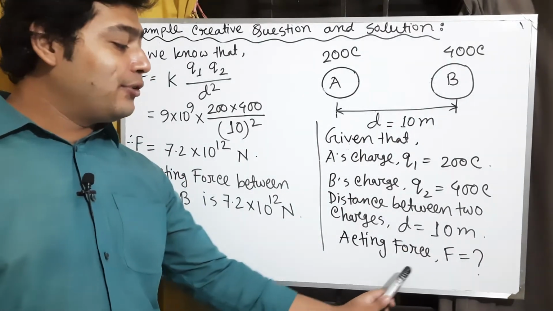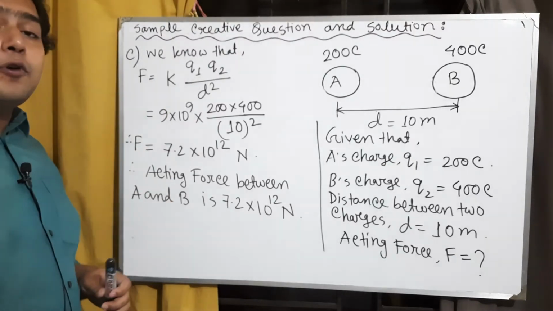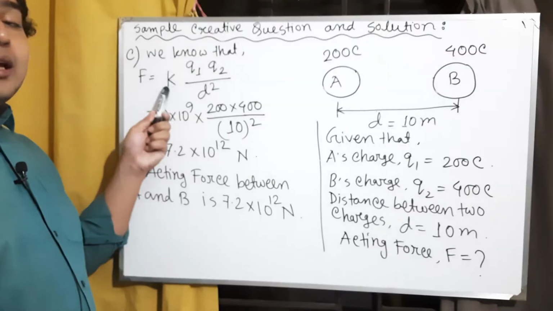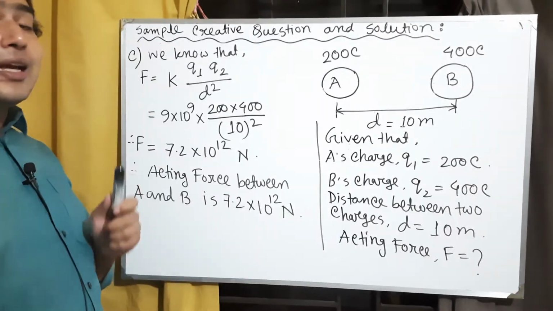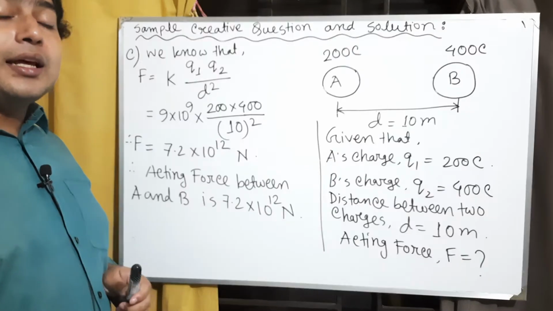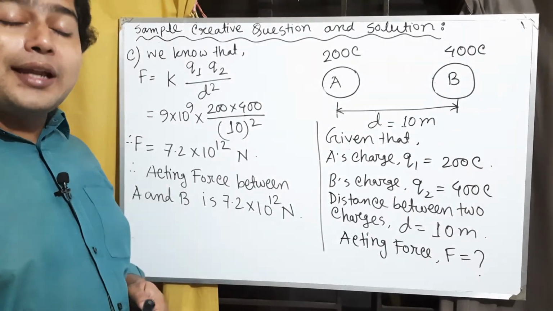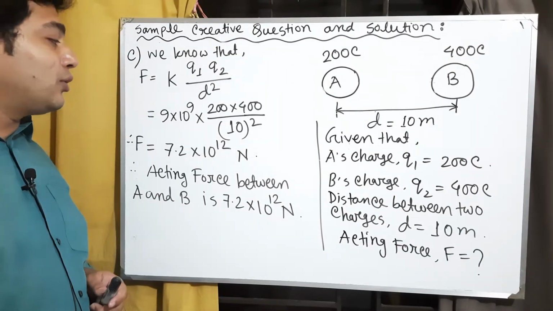So, acting force F equals what? We know from Coulomb's law, F equals K Q1 Q2 by d square. Here K is a constant and the value of this constant is 9 × 10^9 newton meter square per coulomb square.